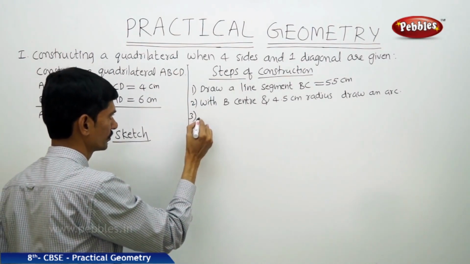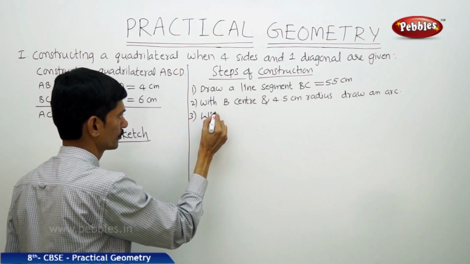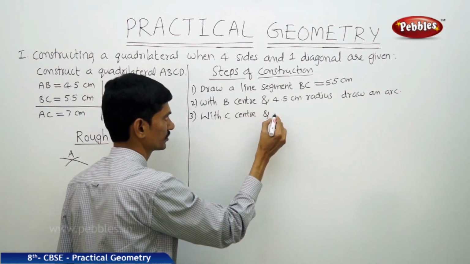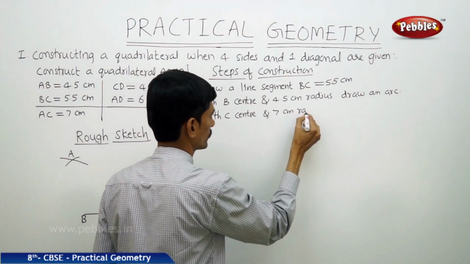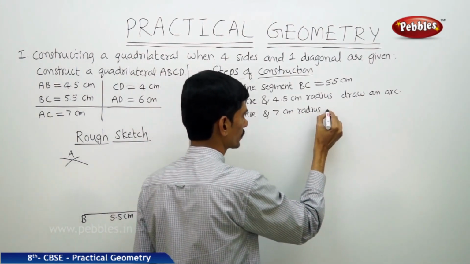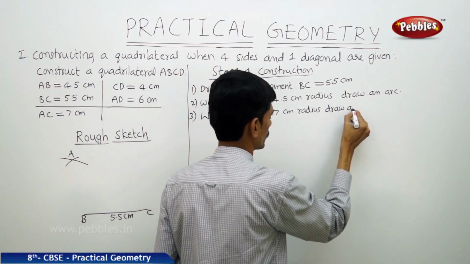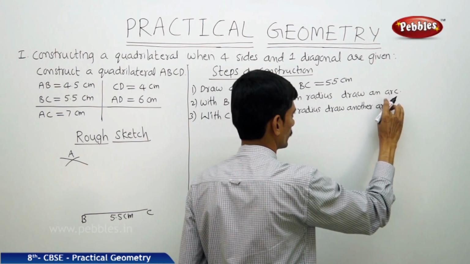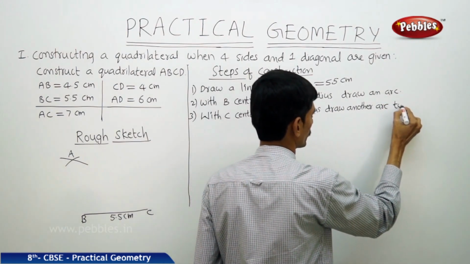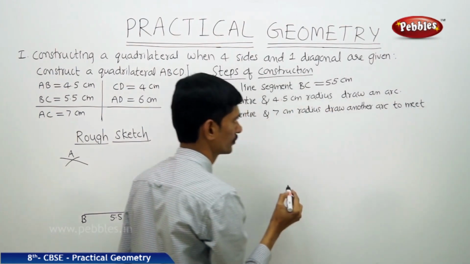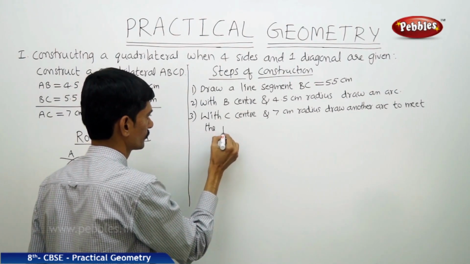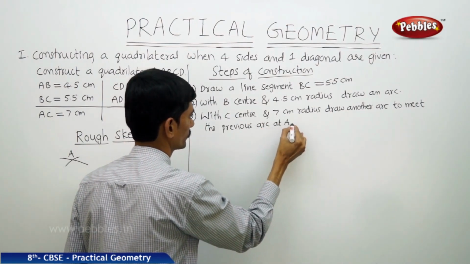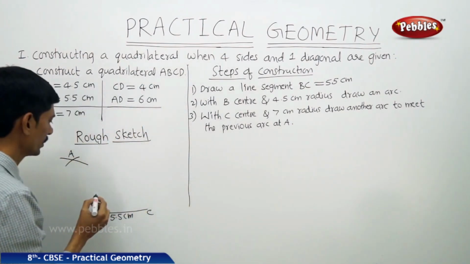Now the third step is, with C as center and 7 centimeters radius, draw another arc to meet the previous arc at A. Then immediately join AB and AC.